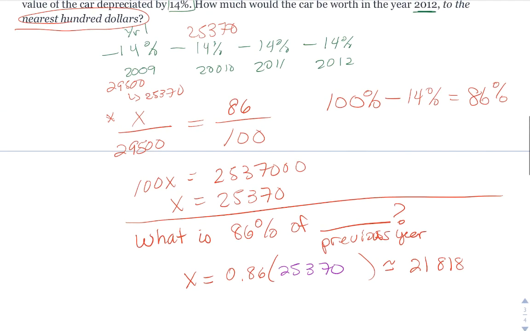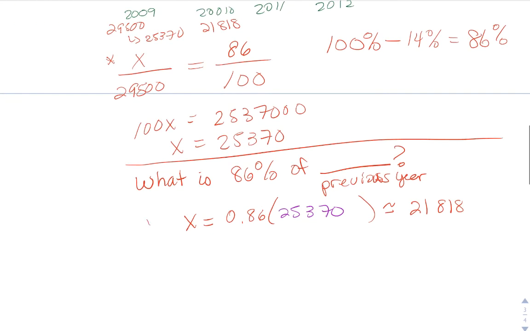And that's at the end of year 2. So that means I'm starting year 3 at 21,818. So that's year 2. So for year 3, I'm going to do 86% of 21,818, and I get that it's about $18,763.48.